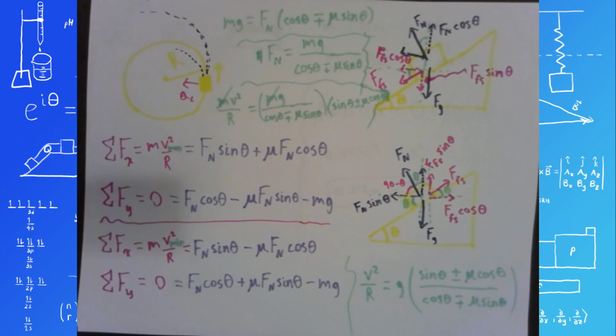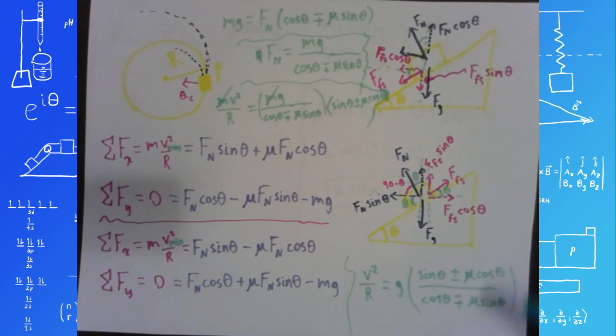So yeah, we basically have our expression for V. All that's left is to multiply by R and take the square root, which is easy enough to do, so I'll spare you having to do that.